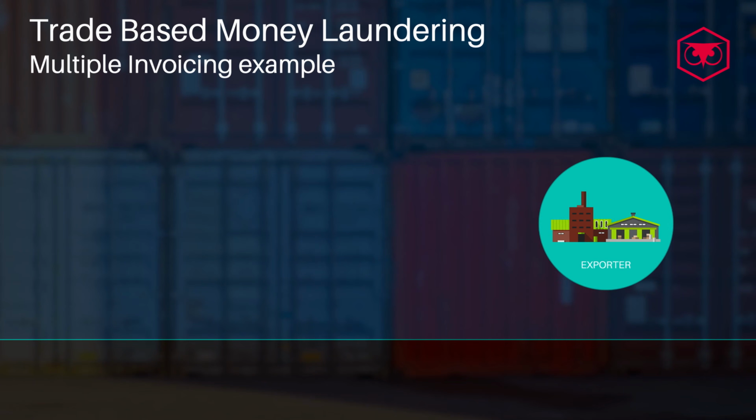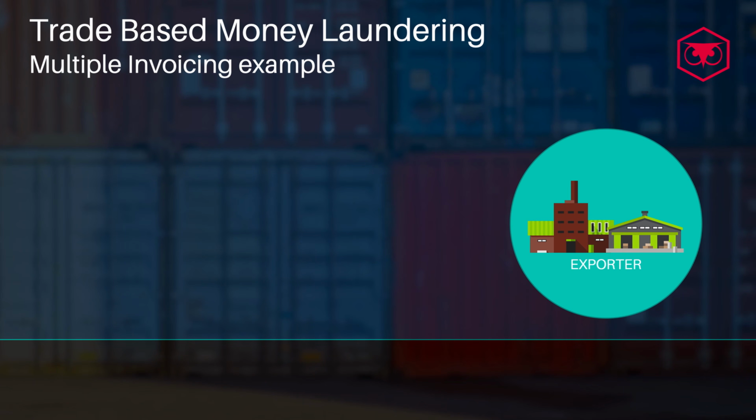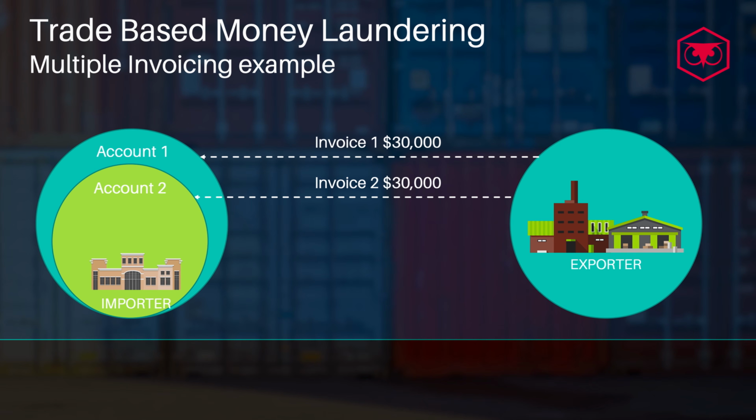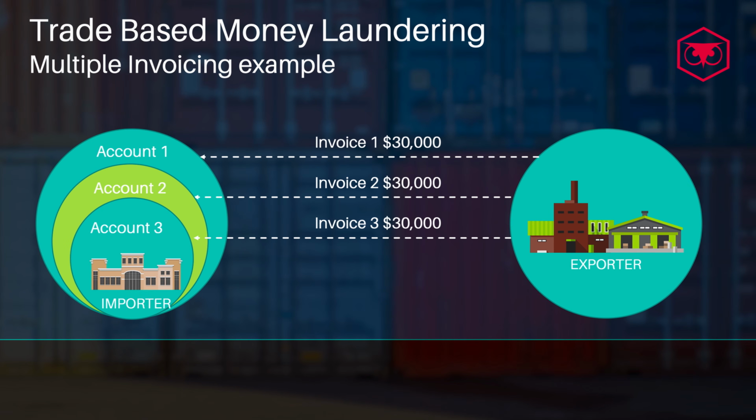So let's check one example of multiple invoicing so we can get more into the details of this technique. In this case, we've got the exporter and the importer. The order value is $30,000, and we can see that a number of invoices have been issued to different accounts, probably correlated to different financial institutions of the importer.